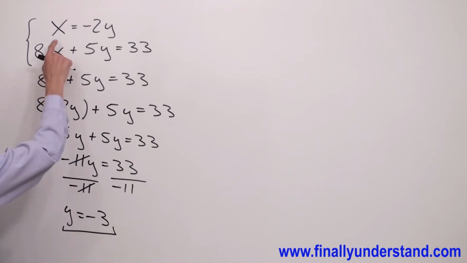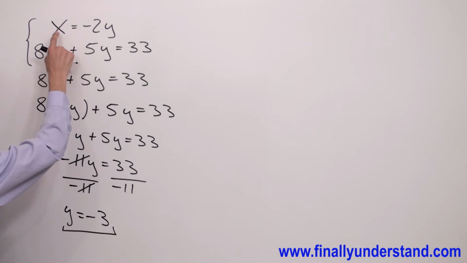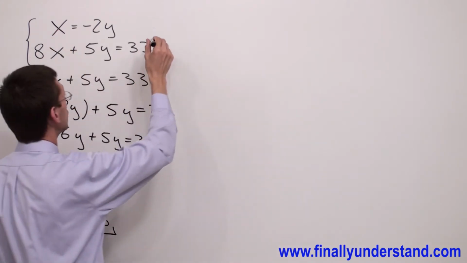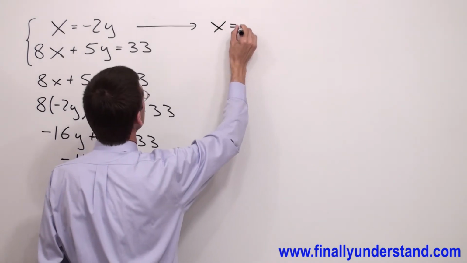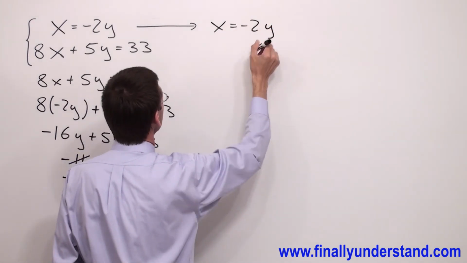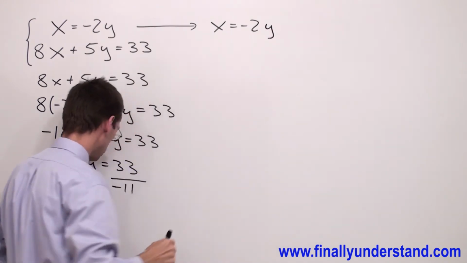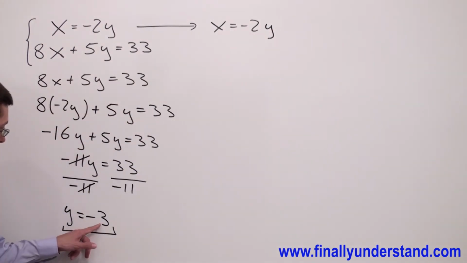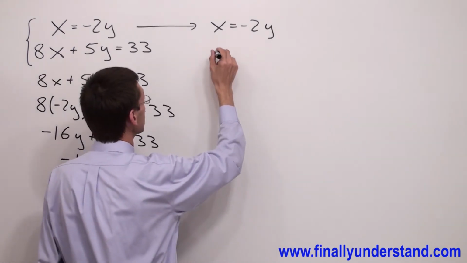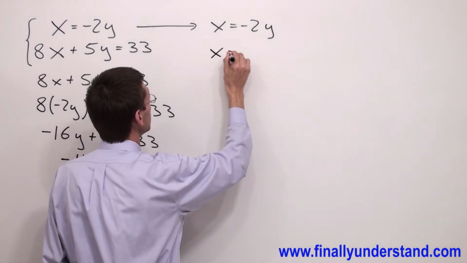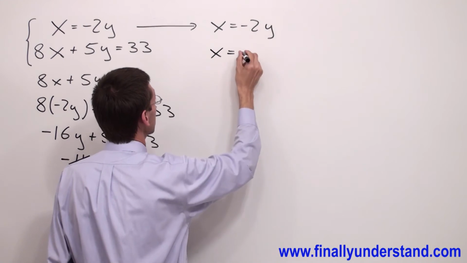Please notice that the first equation is already solved for x. That's why I'm going to copy down this equation, x equals negative 2y, and instead of y, I'm going to write negative 3, because y is equal to negative 3. So I'm going to substitute this y by negative 3.